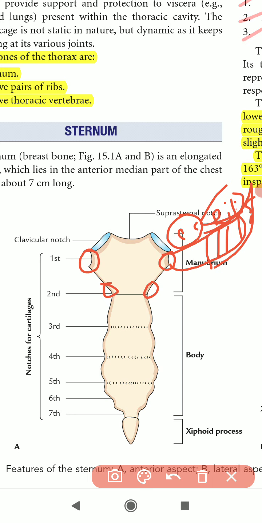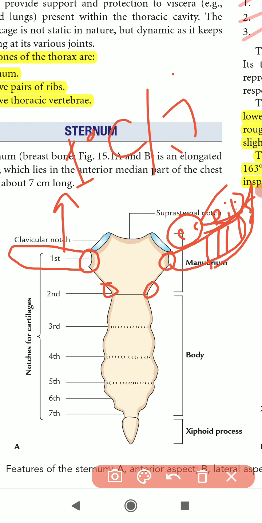So the first facet is for the first costal cartilage, and it forms a primary cartilaginous joint. But the second facet is a demifacet, which means it is not complete. Half of the facet is present on the manubrium sterni and half on the body of the sternum.